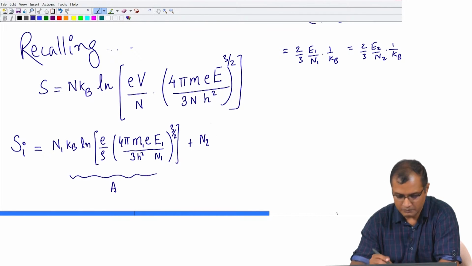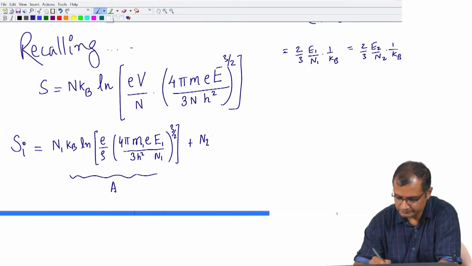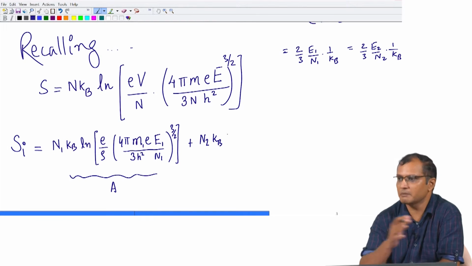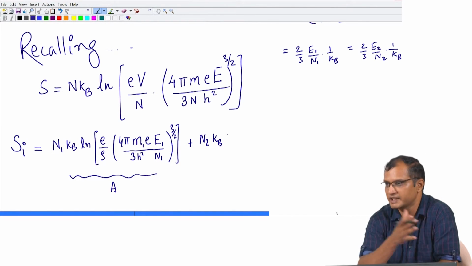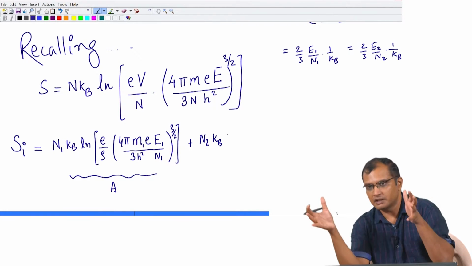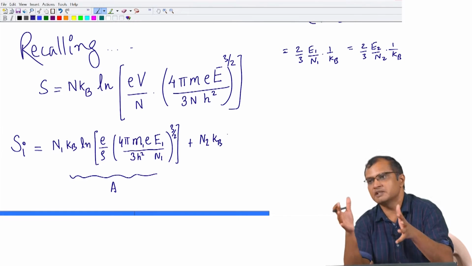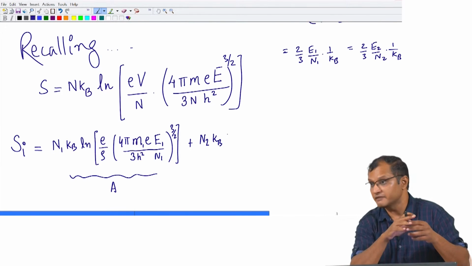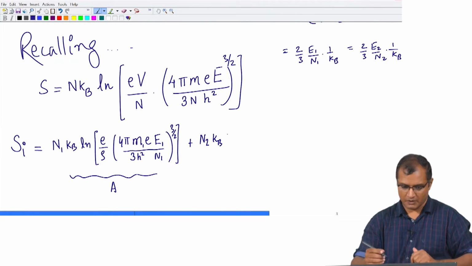N2, but because the compartment volumes could be different. So, we are taking A type in both the compartments, the compartment volumes could be different, which means the number of particles in the two compartments may be different, because you are keeping density the same.